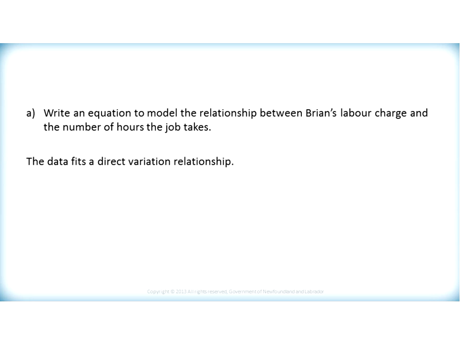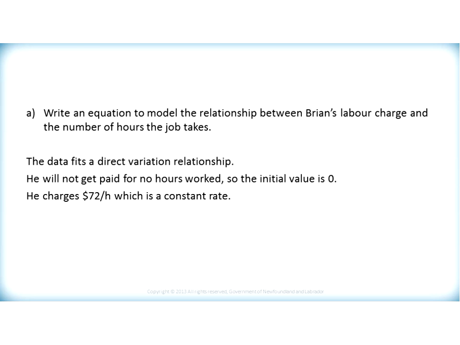The data does fit a direct variation relationship, because again, if Brian doesn't work any hours, he's going to earn no pay. He will not get paid for no hours worked, so the initial value is 0, and he charges $72 an hour. That's a constant rate. That's going to be the slope of a line.